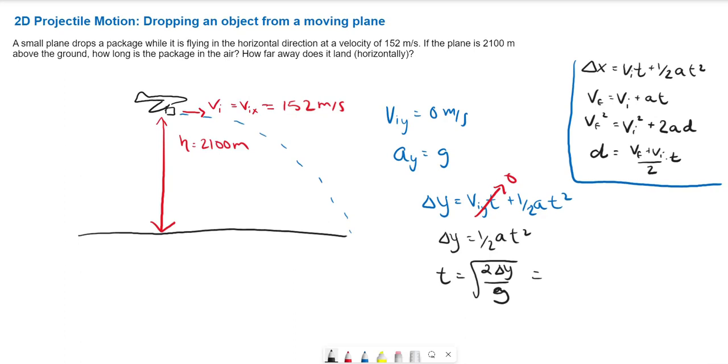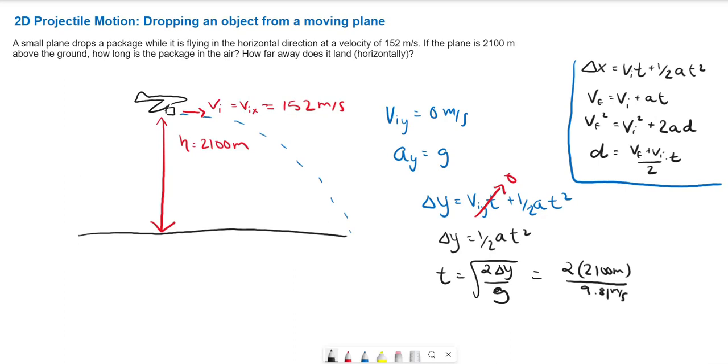So let's go ahead and plug in our values. So that's 2 times 2,100 meters. Now technically 2,100 meters is negative because it's starting off at 2,100 and its final height is 0. So it's 0 minus 2,100, but g is also negative, so those two negatives will cancel out.